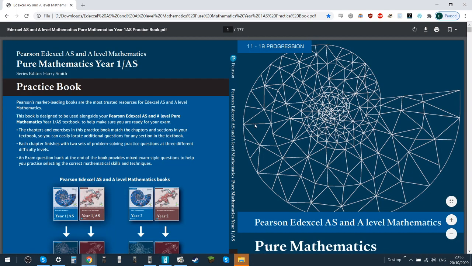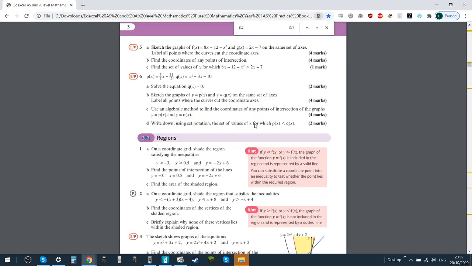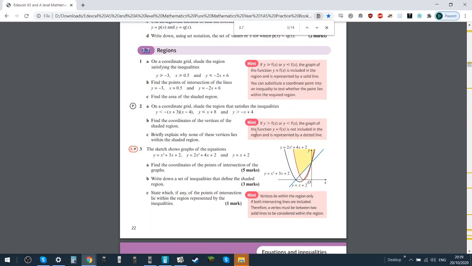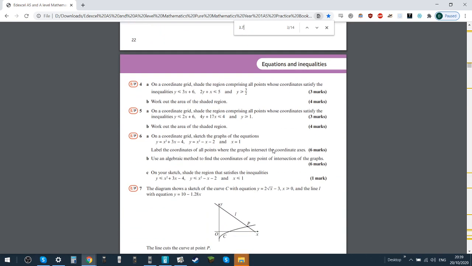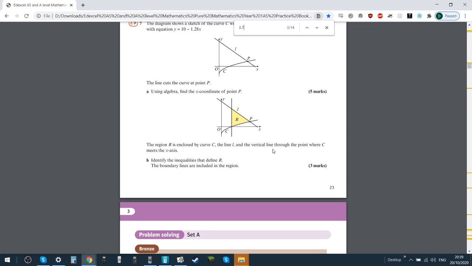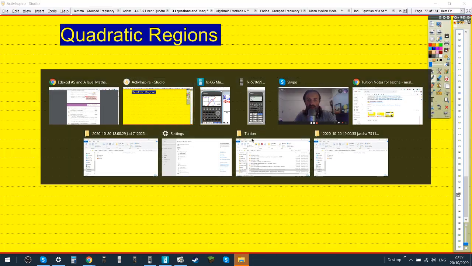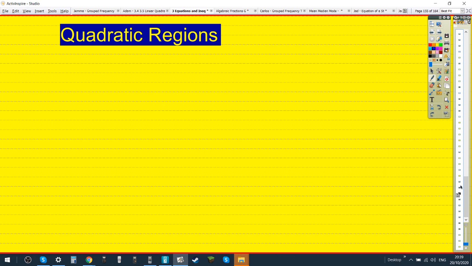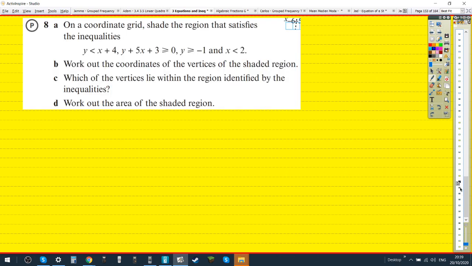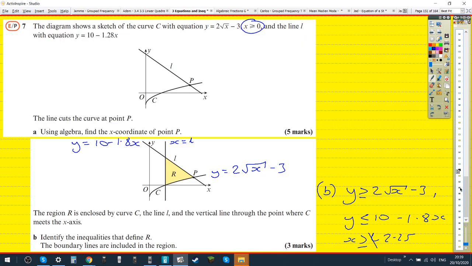So there's an additional thing that has extra exam questions. Regions. Nope. I just put them in weird. So those go in 3.7. That's why. I put them in the wrong place. That's why they suddenly jumped in.